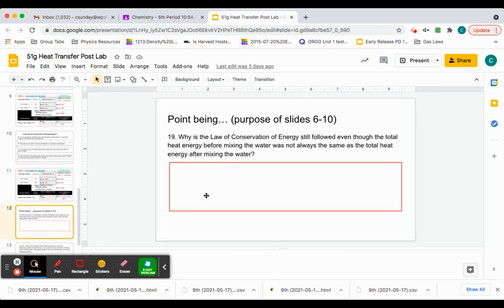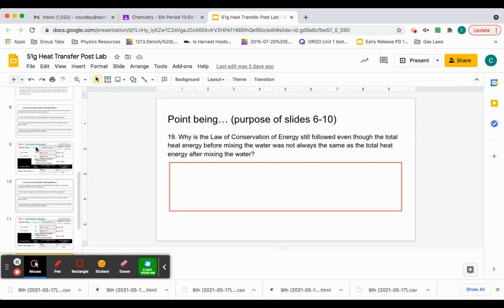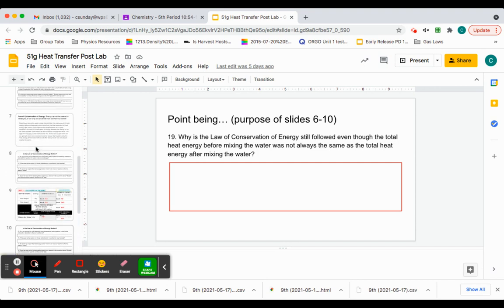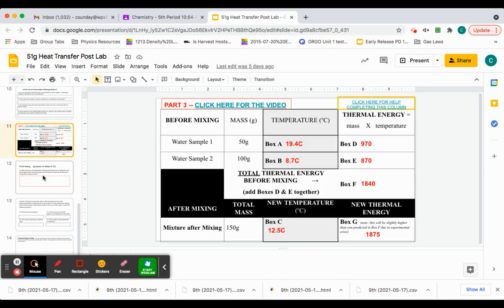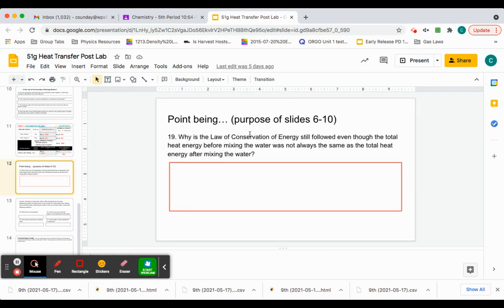Slide 12, what you are doing is answering this question. This point being, what was the purpose of slides, it should say 7 through 11, basically. So why is the law of conservation of energy still followed, even though the total heat energy before mixing water was not always the same as the total heat energy after mixing the water?